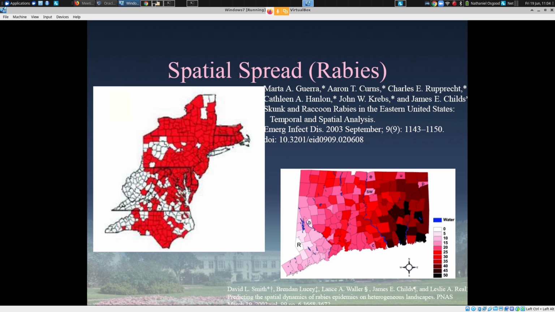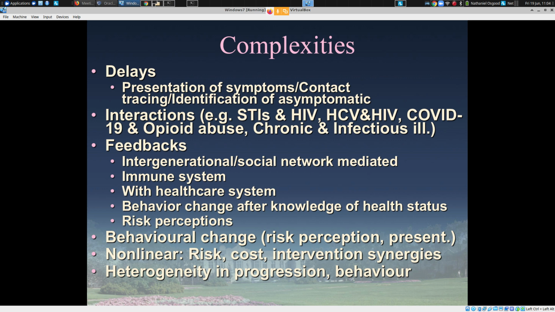Newton was an early observer. We see patterns emerging in zoonoses, such as with rabies, for example, where there are patterns of spatial spread. We see that in chronic wasting disease among cervids within our province, amongst deer.